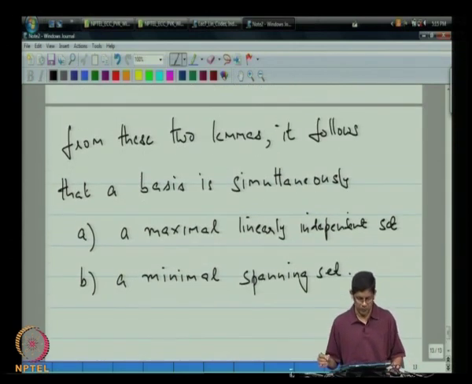Okay. So, it is maximal in terms of linear independence, but it is minimal in terms of spanning, right.